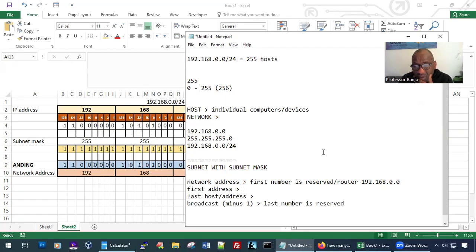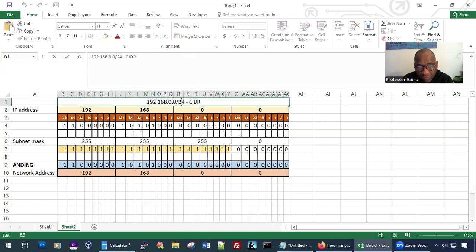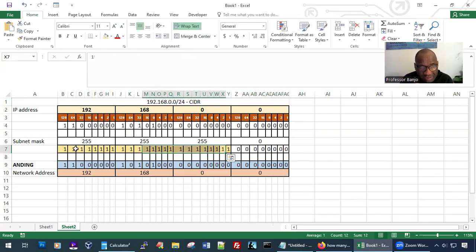Okay, so what we do in this case is to get the last address. Again, like we said, /24 means that you have 24 bits for your network address.